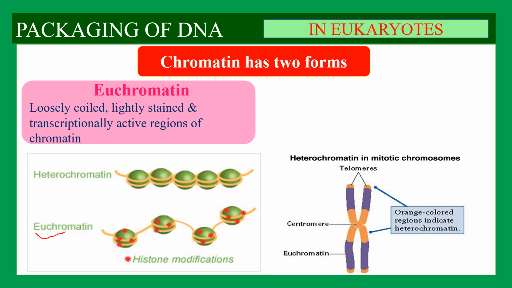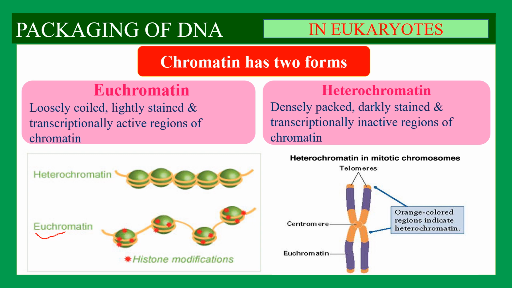The other form is heterochromatin. This is the heterochromatin where the packing is dense, and when we stain, the heterochromatin region takes the dark stain due to dense packing. It contains more DNA, hence DNA is not available for the process of transcription, hence it is a transcriptionally inactive region of chromatin.